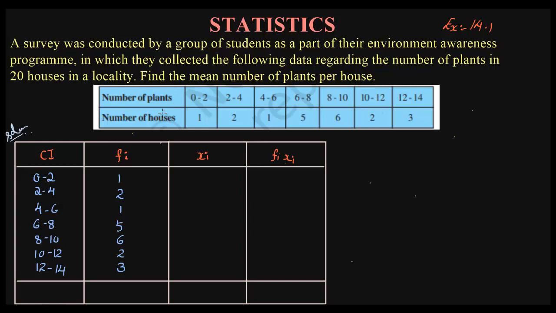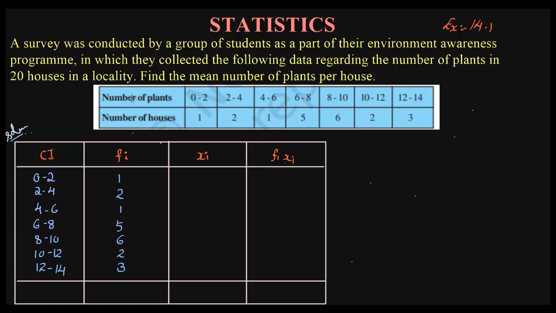From the data itself you can tell it is grouped data because we have the class interval in it, and here we have the frequency. So let us now write this data in the solution, with a few more columns to find the mean. The first column is the class interval.